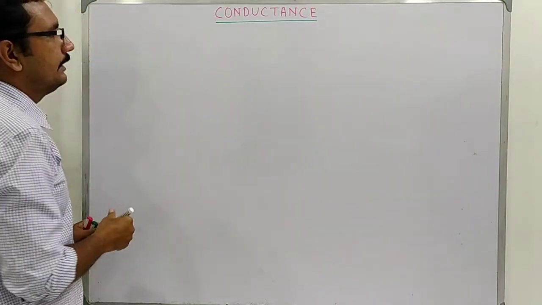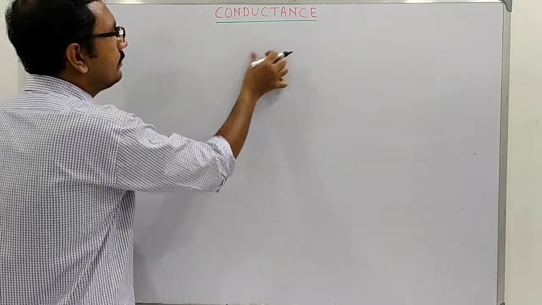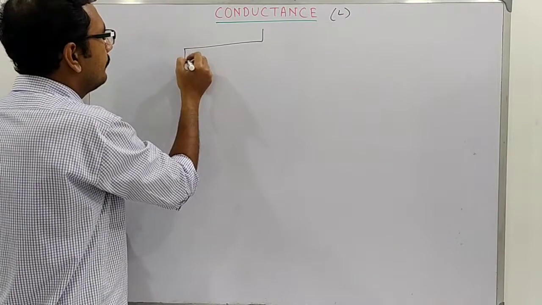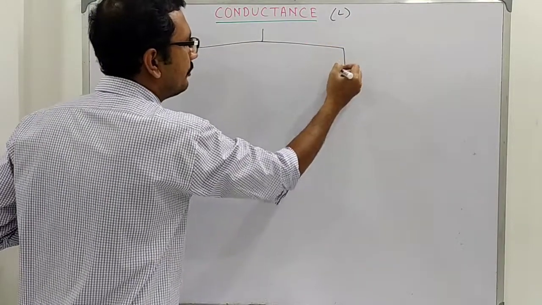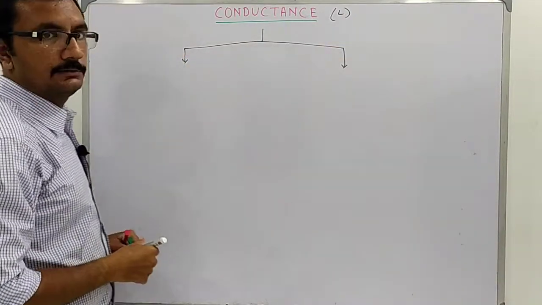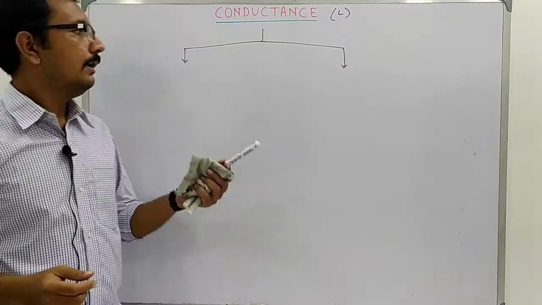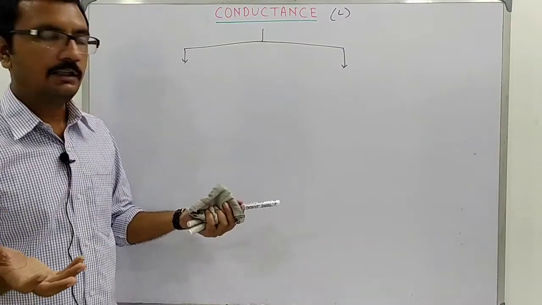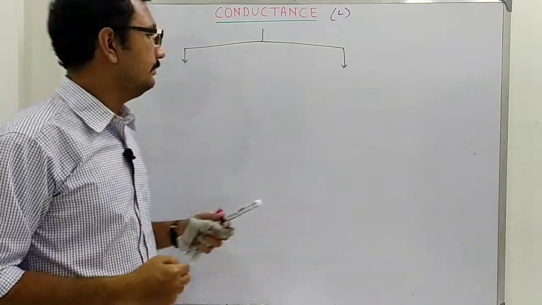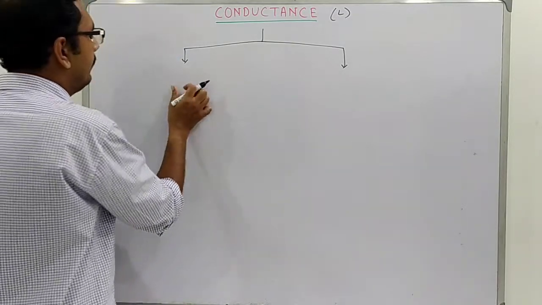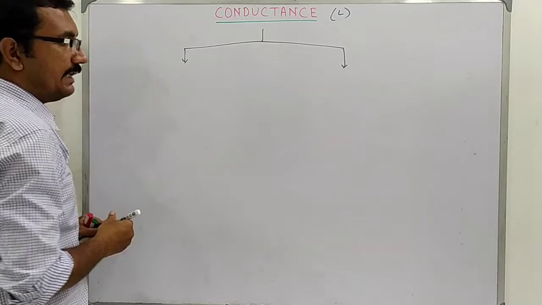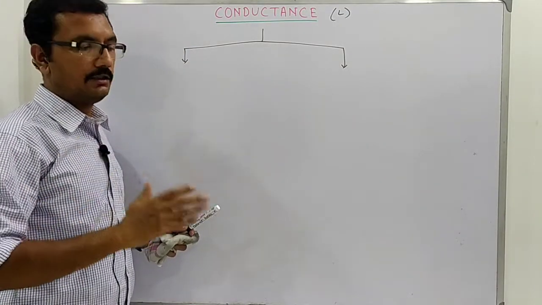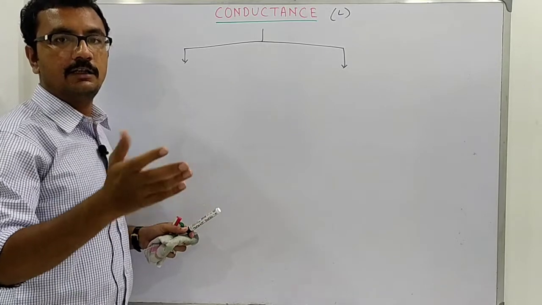Now, this conductance, that is L, is the property of a conductor. A conductor is a species which can conduct electricity. We are not going into that division, that is, the different types of conductor: conductor, semiconductor and insulator.